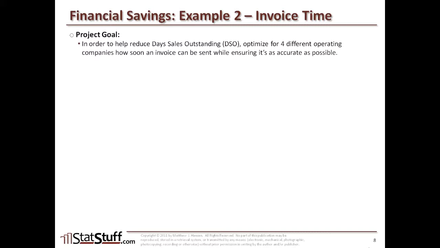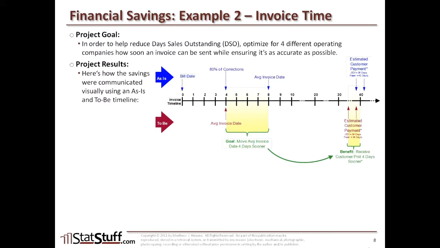The way we communicated the results of the project was a visual illustrating the savings over time. Above this timeline, the as-is had a bill date at day 0, and way off to the far right, the estimated time we were getting a payment from the customer was anywhere from 38 to 42 days from the bill date.